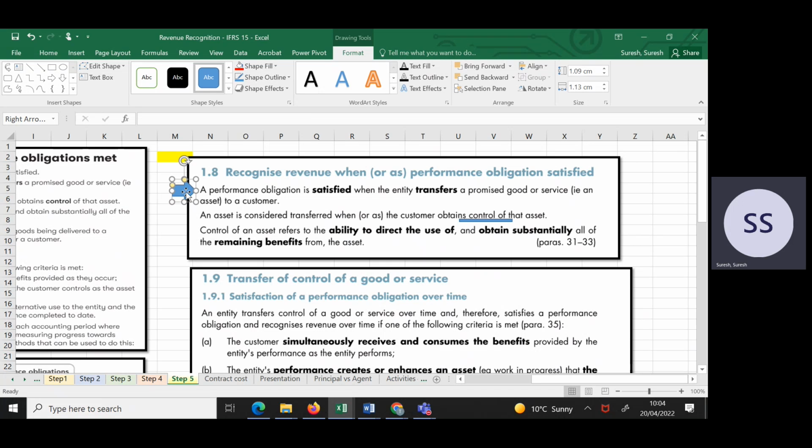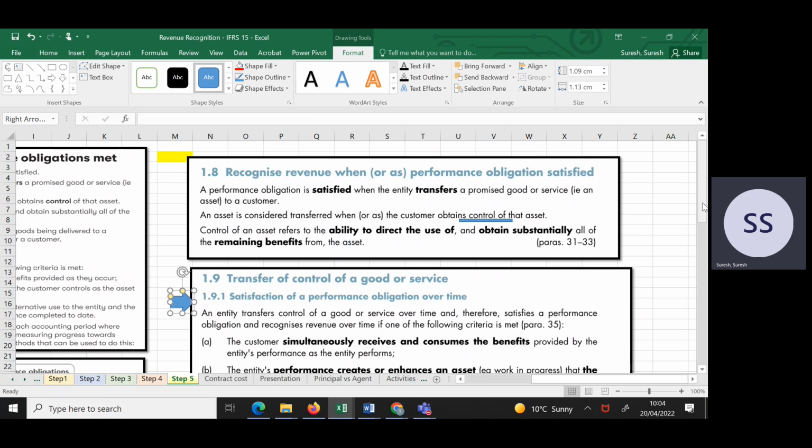That's the point where you will be considered as having the transfer and having the control. I hope it's clear. So you need to focus on what you mean by transfer, and thereafter build on the first definition. That's where the performance obligation is completed and satisfied. What you mean by transfer is you having the control. What you mean by control is you receiving the complete remaining benefits of the asset.